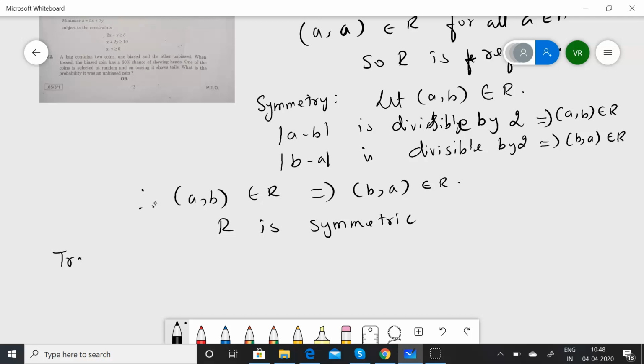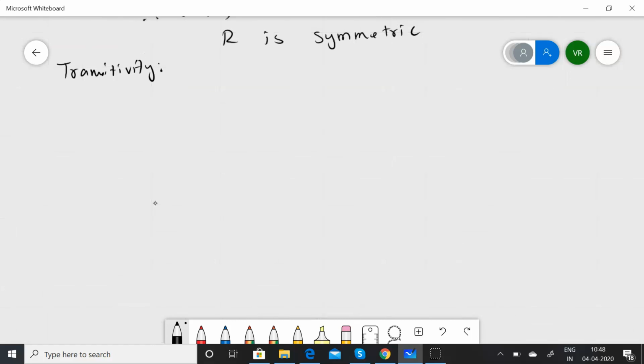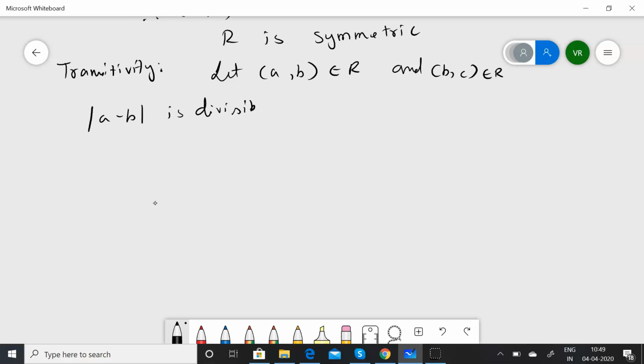Finally, coming to transitivity. Let (a, b) belong to R and (b, c) belong to R. Then modulus of a minus b is divisible by 2 and modulus of b minus c is divisible by 2.